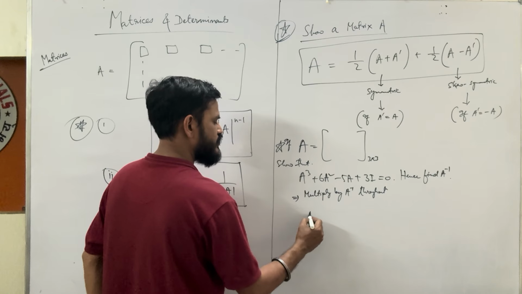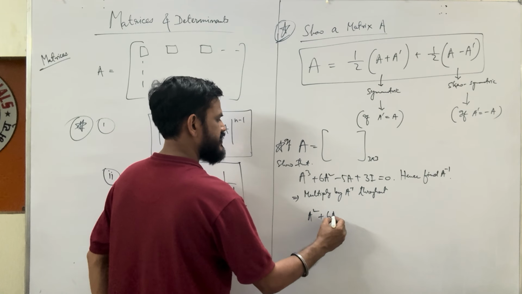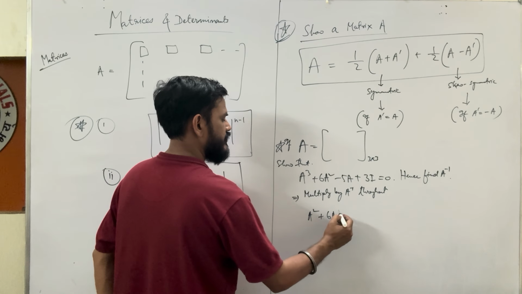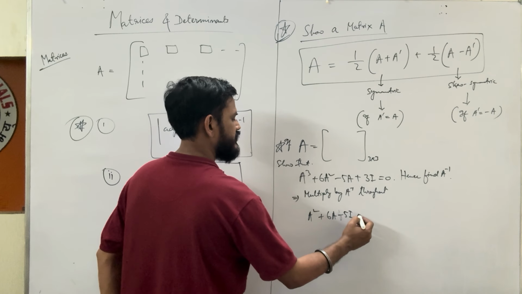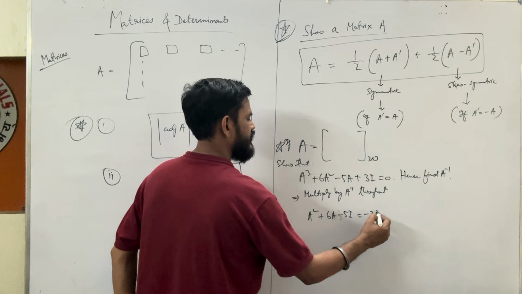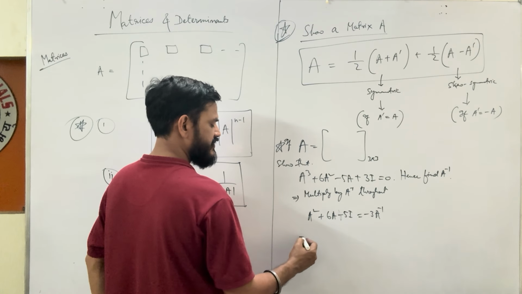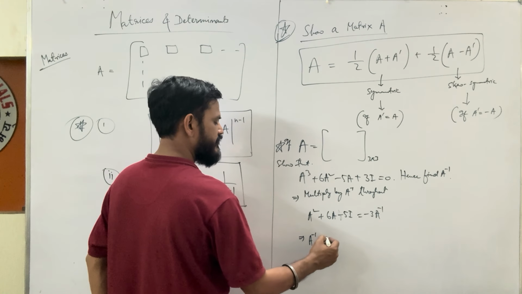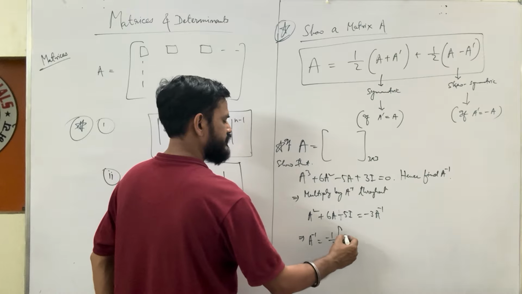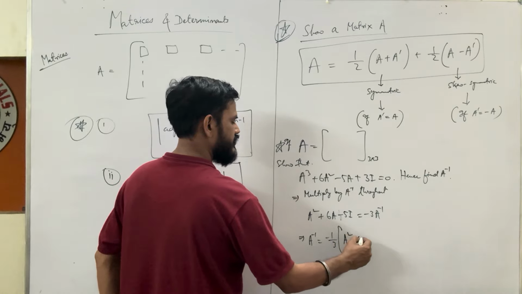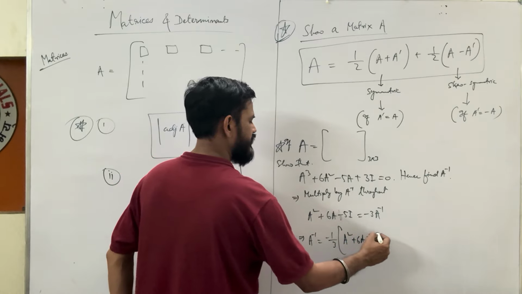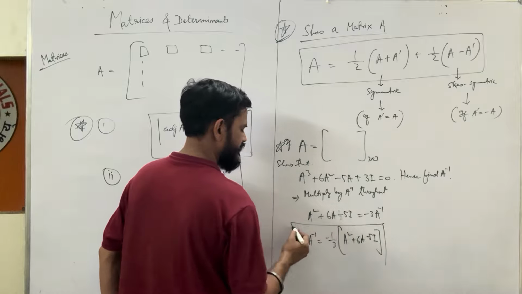So you get A square plus 6A minus 5I equal to minus 3 A inverse. Now you want A inverse, then you need to divide by minus 3. So A inverse will become minus 1 by 3 (A square plus 6A minus 5I). So this is your A inverse.